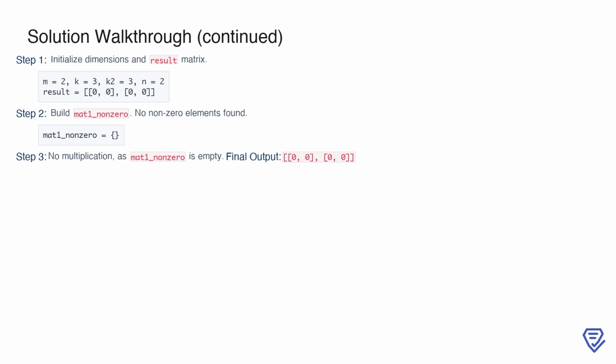However, since all elements in mat1 are 0, mat1_non_zero remains an empty dictionary. Without any non-zero elements to process, no multiplication is performed, and the result matrix remains as 0, 0, 0, 0. This case highlights that when both matrices are sparse with no non-zero entries, the resulting product is also a zero matrix, demonstrating the efficiency of skipping unnecessary calculations entirely.